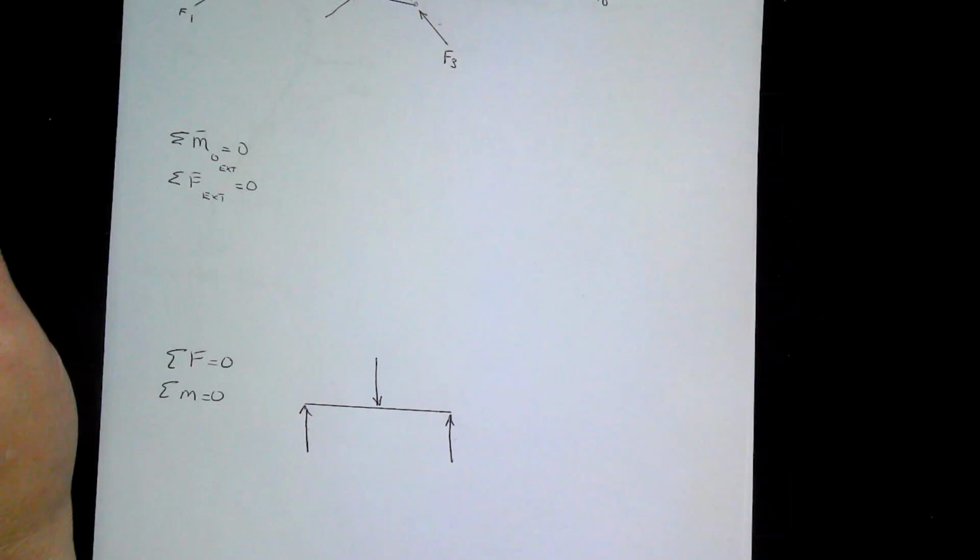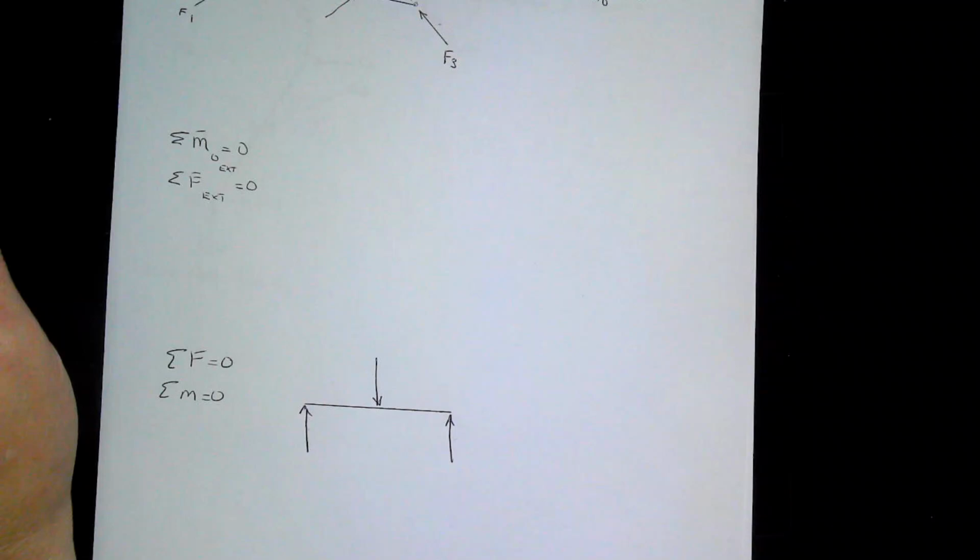Let's think about this. Here I have a member, and there's two forces. One force comes in here, one force comes in here, and if I continue a line through, there's a spot where they intersect. And here's the third force, so-called F2. What can you tell me about that force? They would have to sum up to be 0, but their moments would be 0.